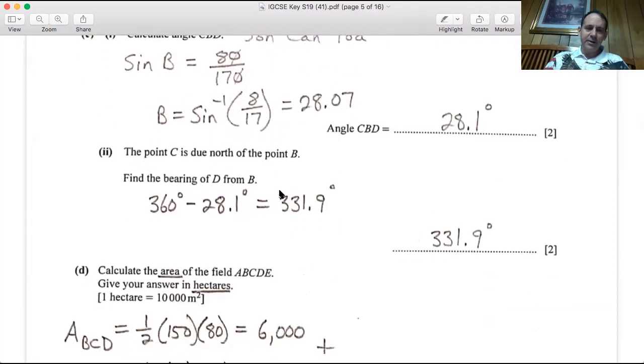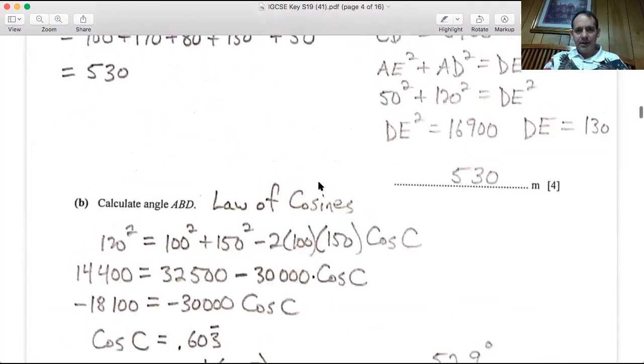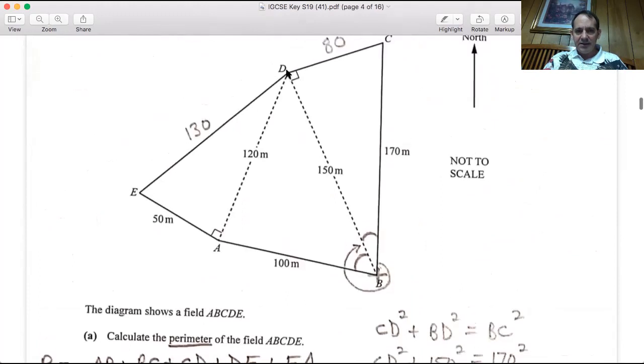Then we have a little bit of bearings. The point C is due north of point B. Find the bearing of D from B. Notice it says find the bearing of D from B, so we're starting from B. I put the little north, south, east, west axes here at the corner. You always start from the north.